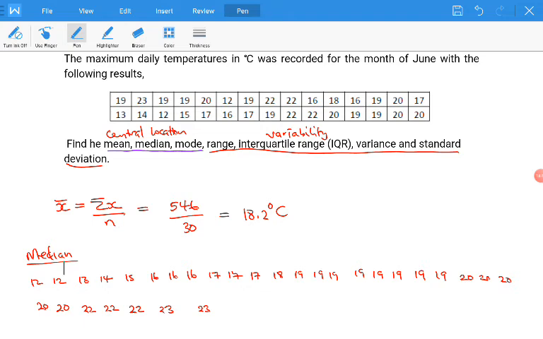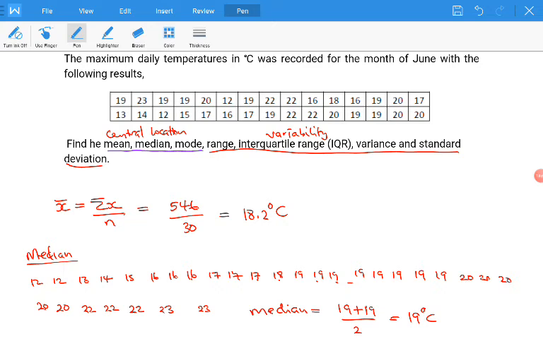So for the median, I want the 15th and 16th observations. So this is 1, 2, 3, 4, 5, 6, 7, 8, 9, 10, 11, 12, 13, 14, 15, and 16. So median is equals to 19 plus 19 all over 2, which is equals to 19 degrees Celsius.